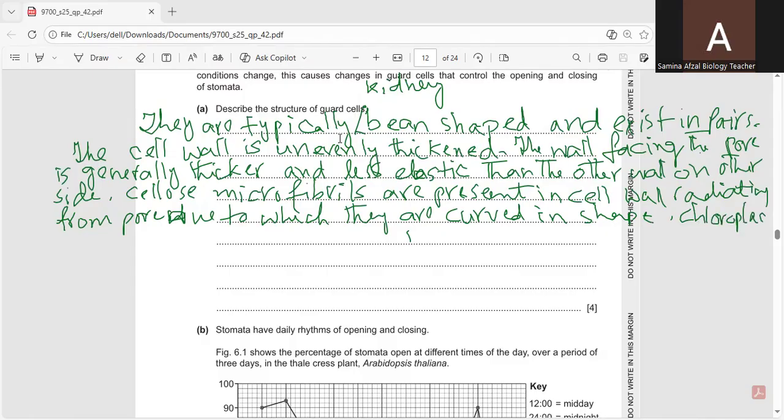Chloroplasts are present, unlike the epidermal cells, for photosynthesis.